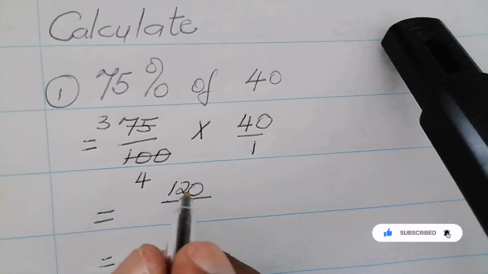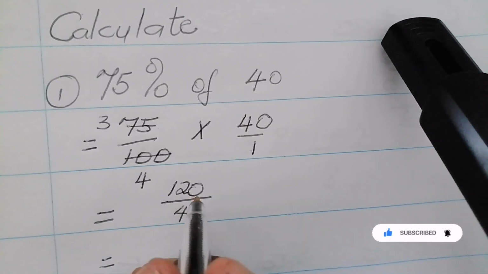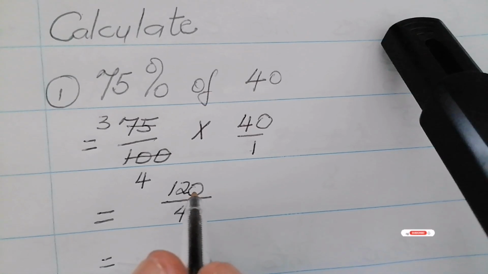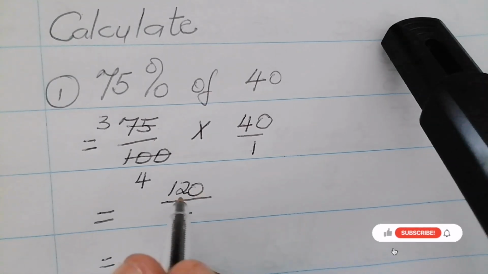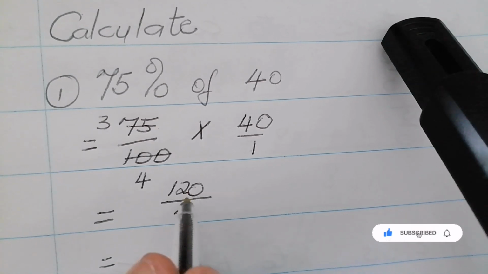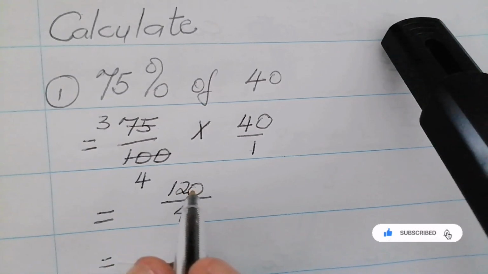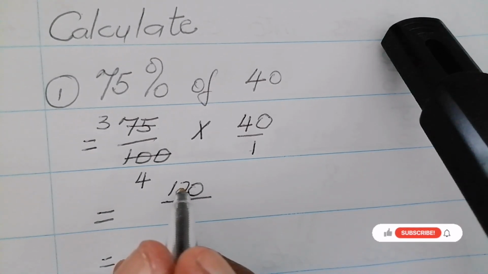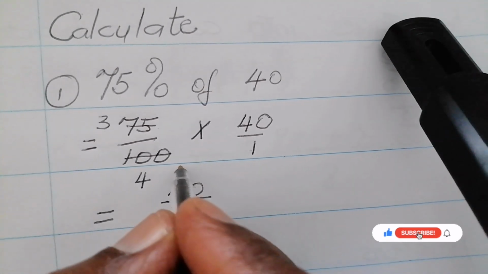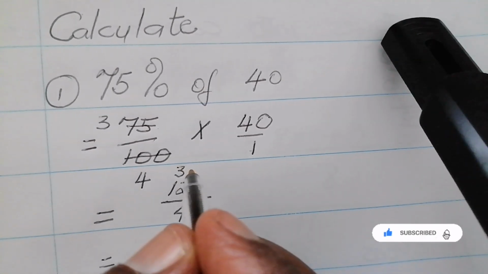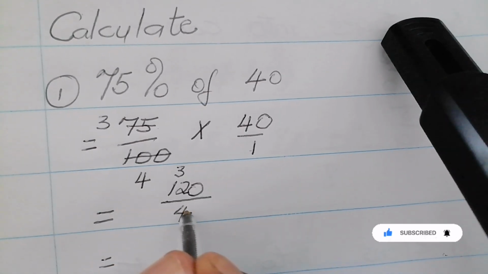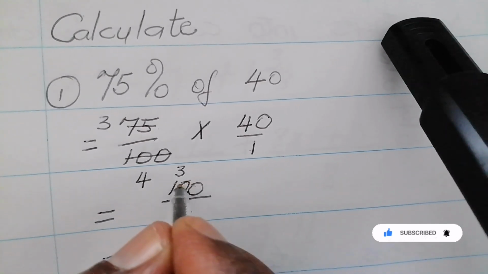You can't leave it like that, because there's another number that can go there without a remainder. 4 can go there, and there's going to be no remainder to 120. So how many 4s go into 12? 3. 4, 8, 12. 3 goes into 12.